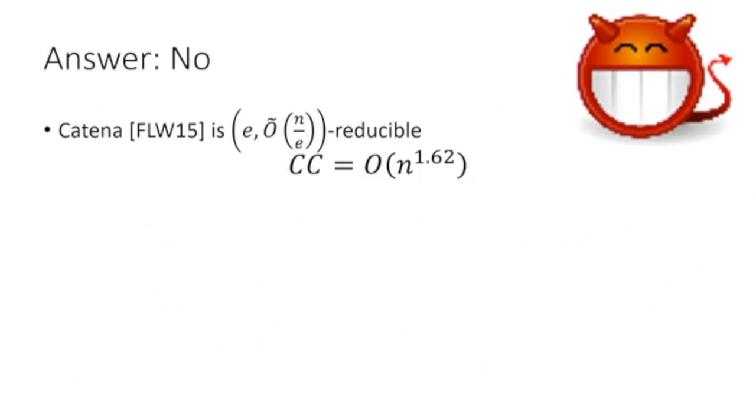So in particular, we found that Catena is basically (e, n over e)-reducible for any value e that you pick. Now, if your graph is just a chain, with a link from node 1 to node 2 to node 3, et cetera, and no other edges, this graph is (e, n over e)-reducible.